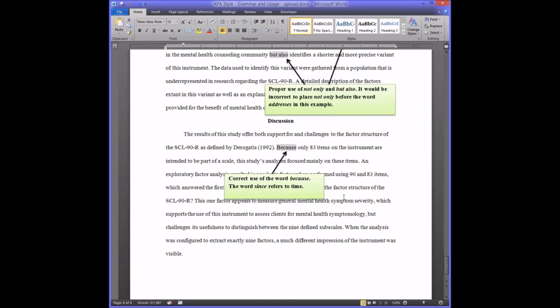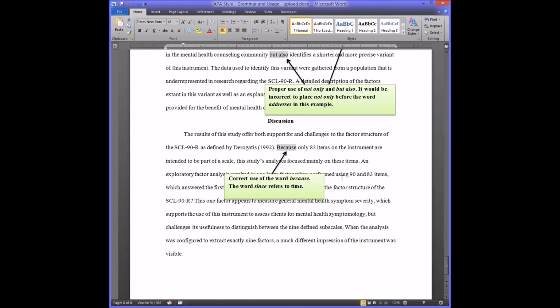And last, I want to take a look at another common pair of words that are confused. This is very similar to what I covered before, looking at the words although and while. Similarly, the words because and since frequently become confused.